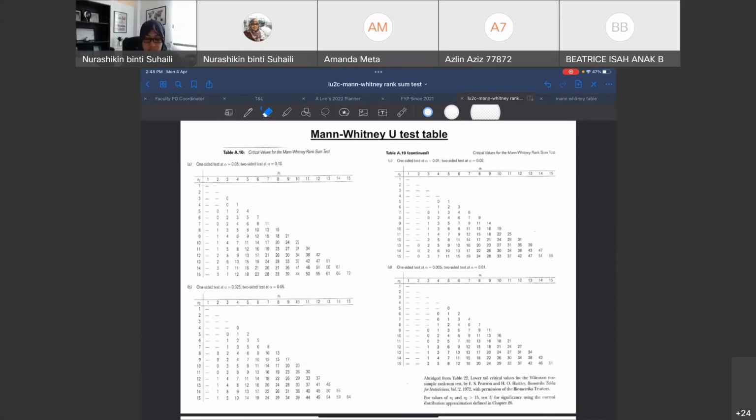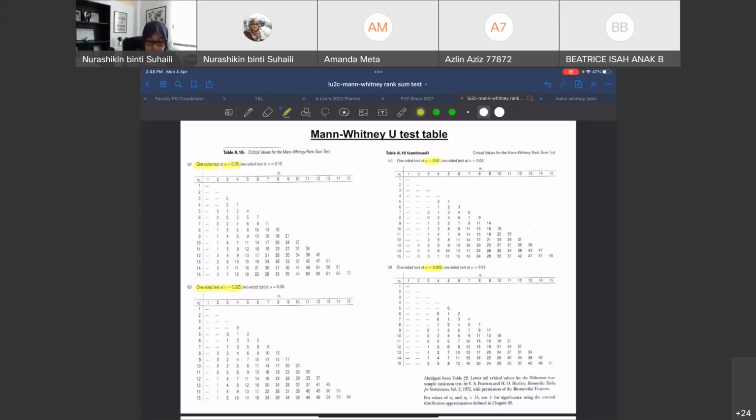There are 4 conditions that you have to consider. The difference between all of them is the alpha value, and whether it's two-sided or one-sided.